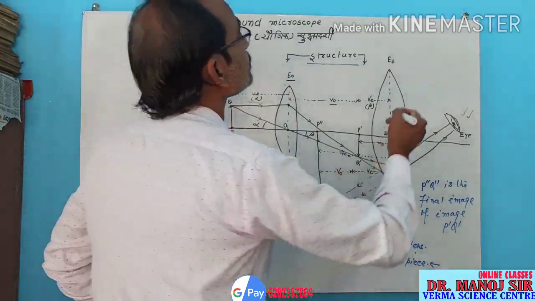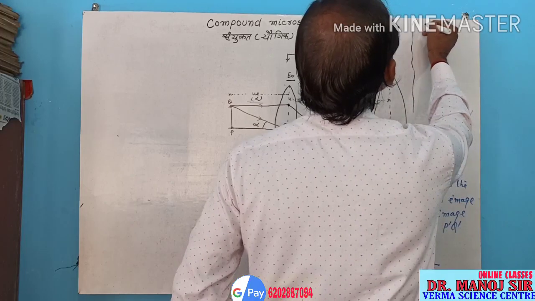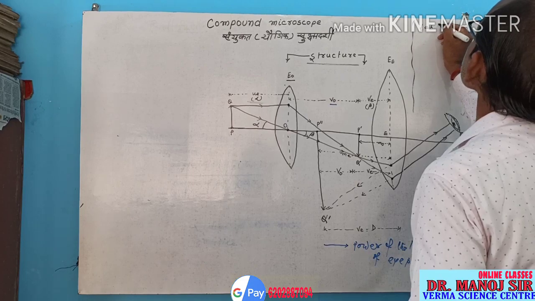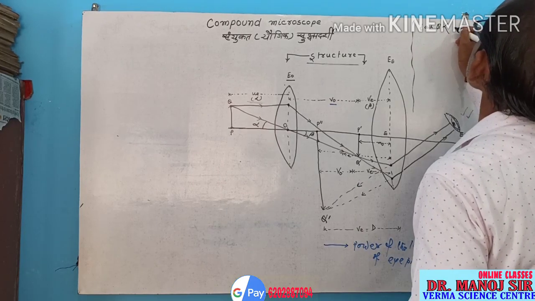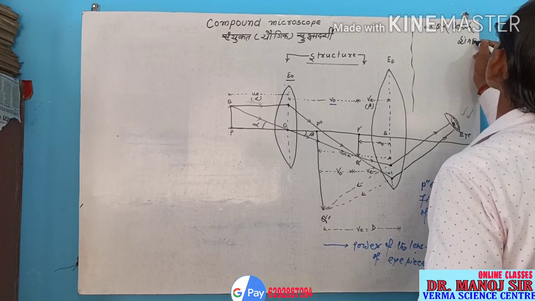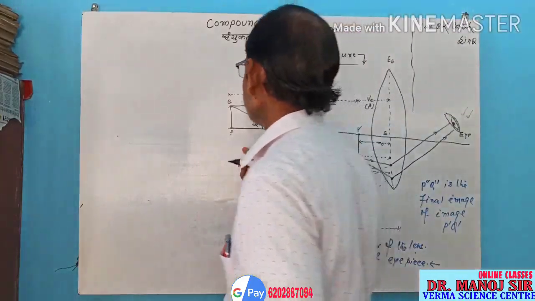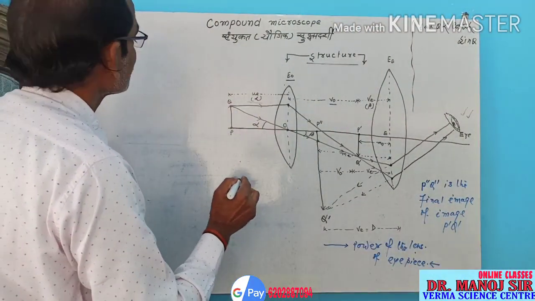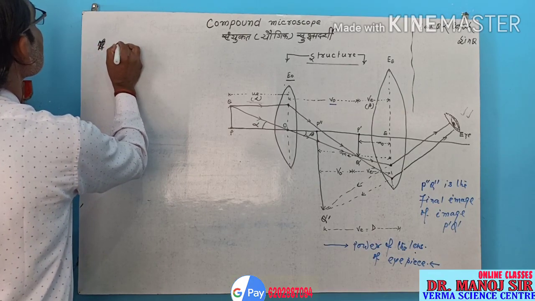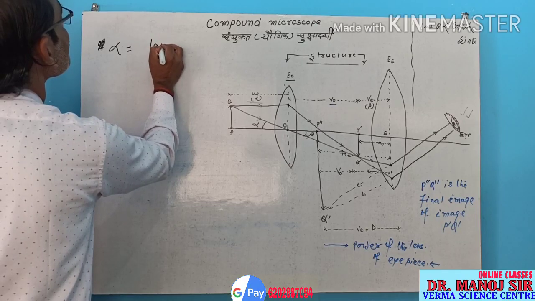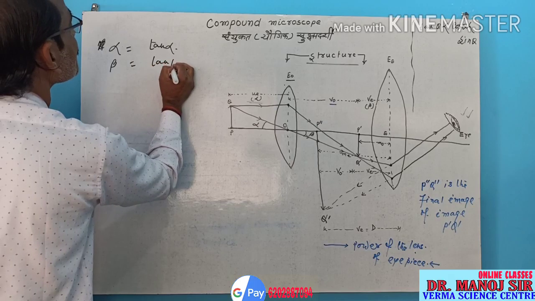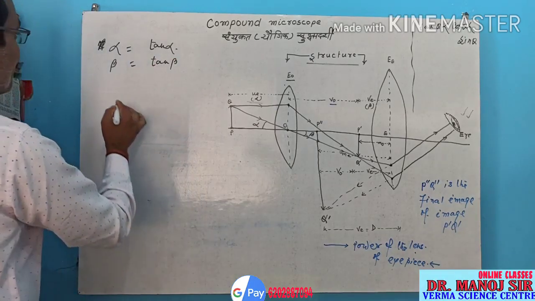In the study of trigonometric ratios, tan theta is much larger than cos theta, which is much larger than sin theta. So since the angle is small, we can write alpha equal to tan alpha, beta equal to tan beta.